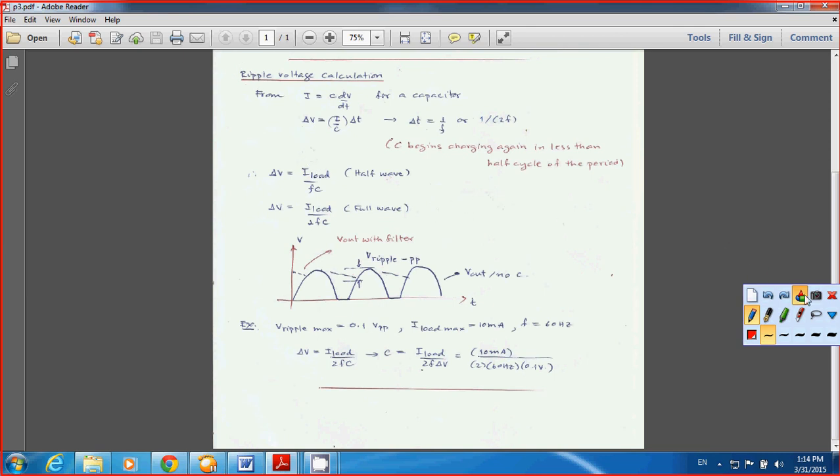So at your filter circuit, you have C at the output.